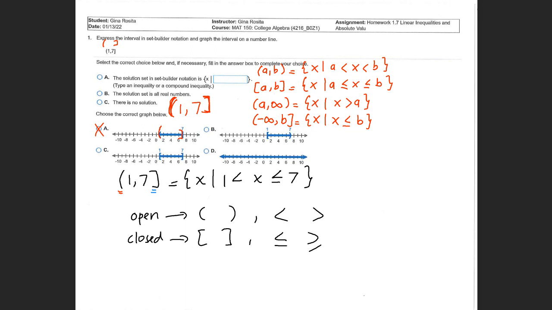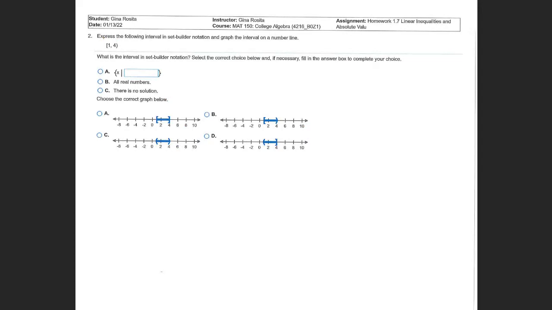Now go to the next one. Express the following interval in set builder notation and graph the interval on a number line.